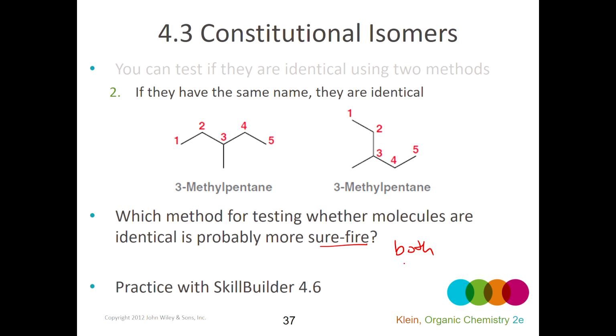So far, what we've talked about, if 2 structures have the same formula, they're either identical or they're isomers. When we get into chapter 5, there's going to be more options. Molecules could be identical, they could be isomers, but within the category of isomers, there are more possibilities. There's constitutional isomers, there's enantiomers, and there's diastereomers.